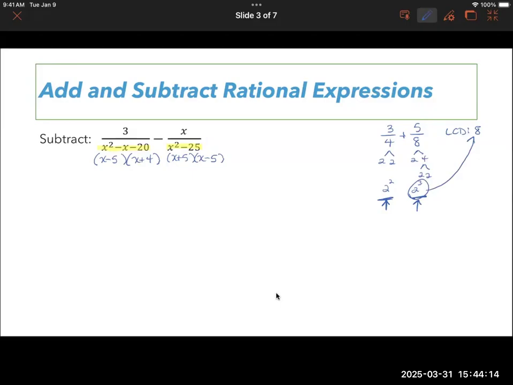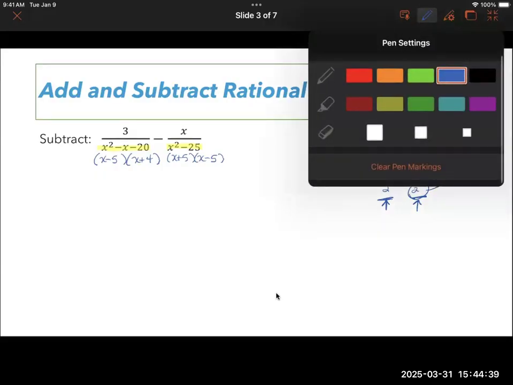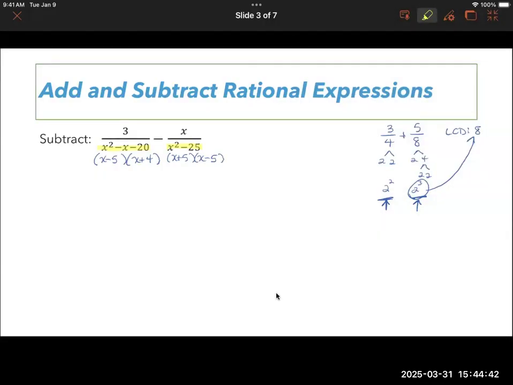Okay, same logic applies with rational expressions. We're going to look at the factors being used. We are going to choose from one denominator or the other, and we're going to choose the one that uses the factor most. If the factor is being used the same number of times, then we choose one or the other, not both. So in this case, we have an x plus 4 that is only in the first denominator.